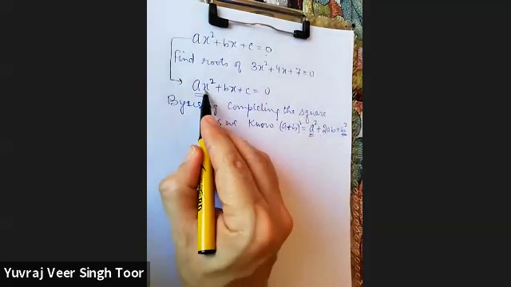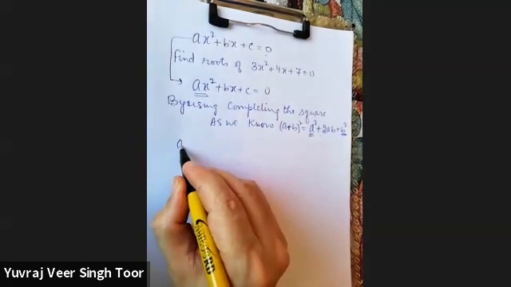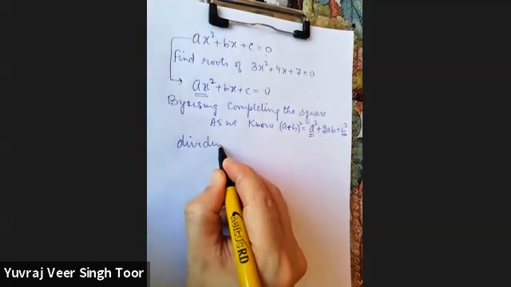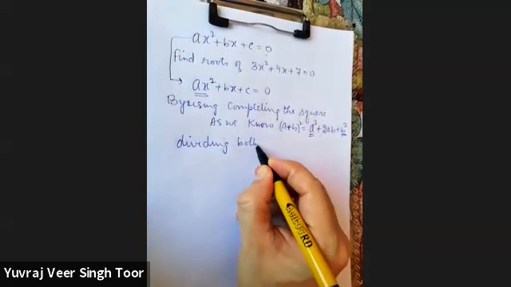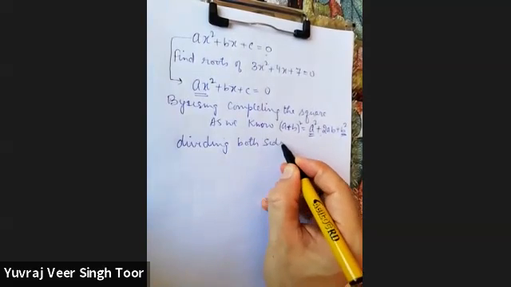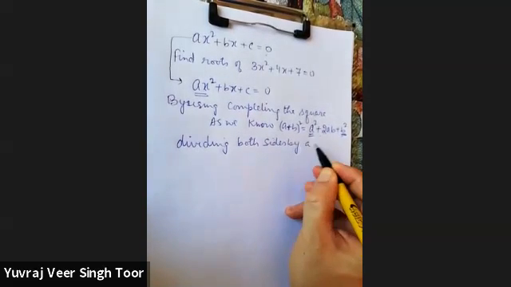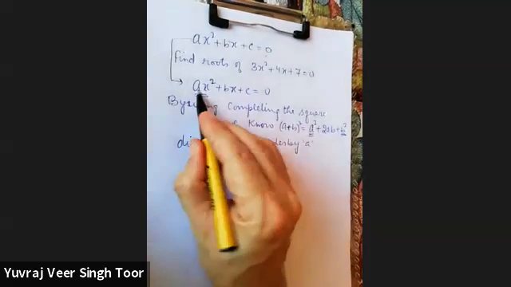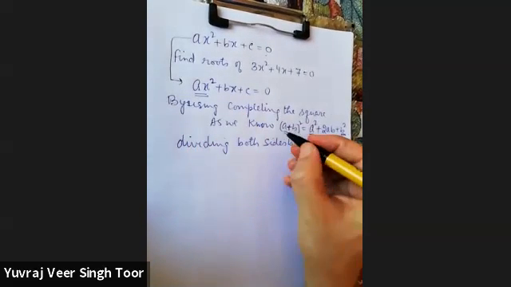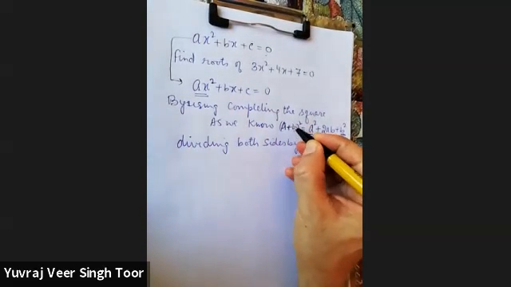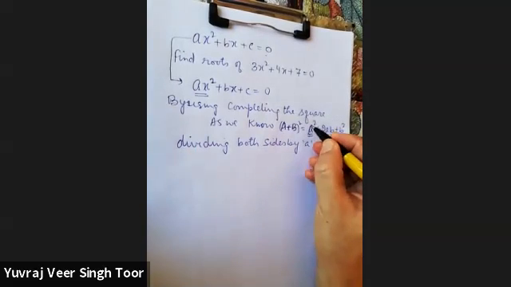So for just having x square, we can divide both sides by a. Now I'm talking about this a, don't confuse yourself with this a, or you can just change that with capital so that you should not be confused.